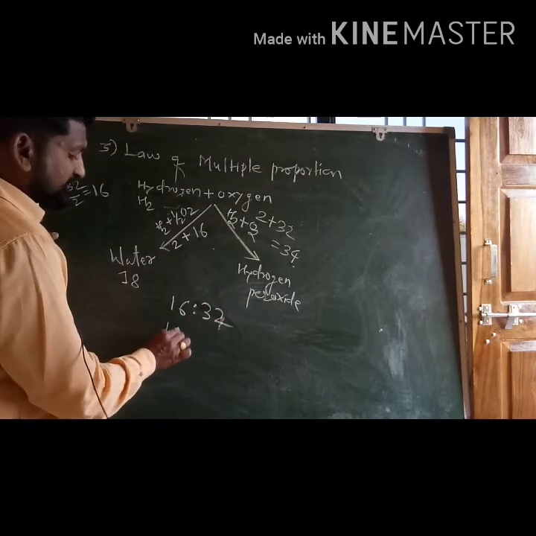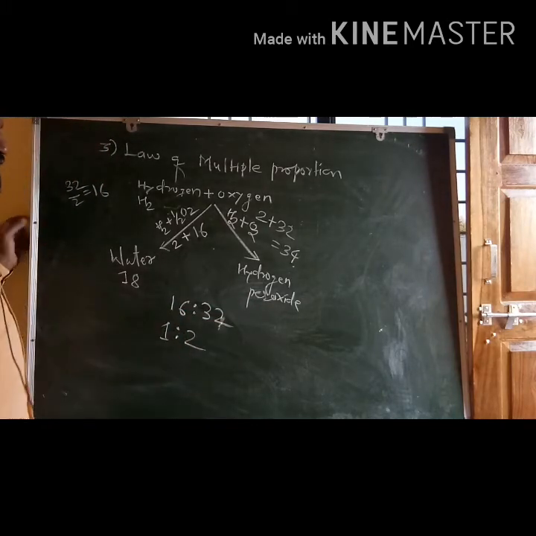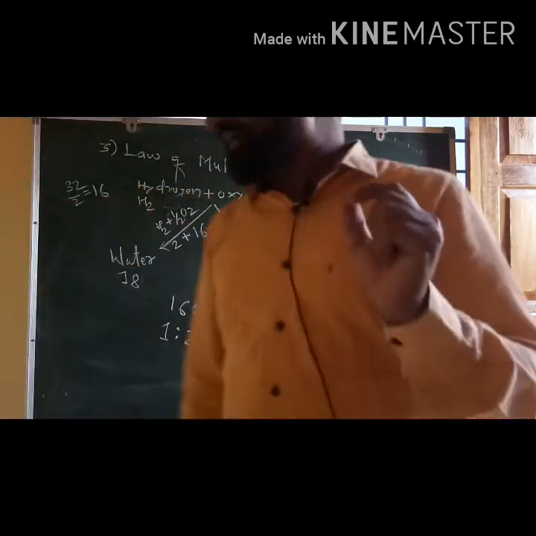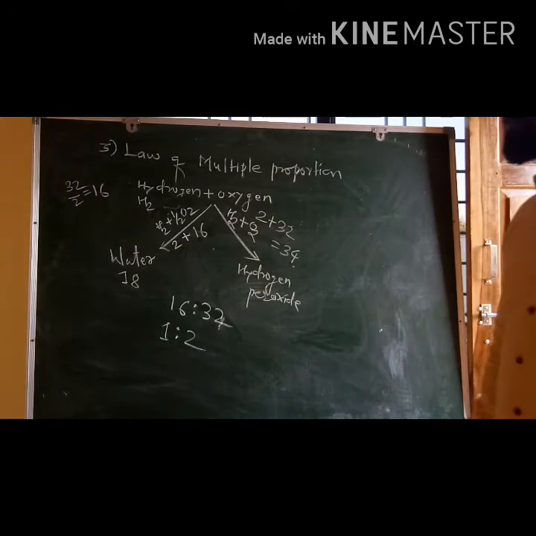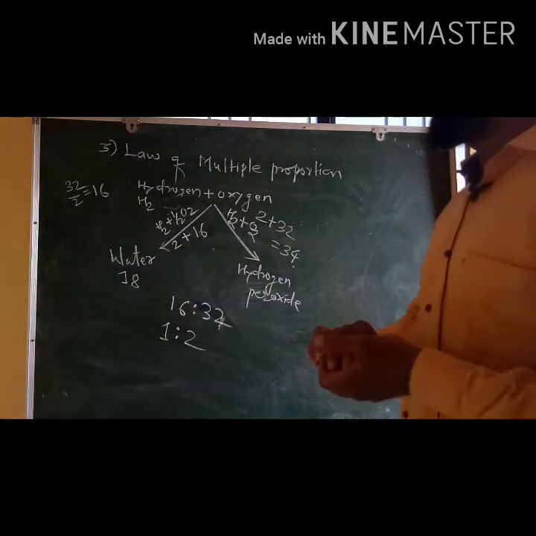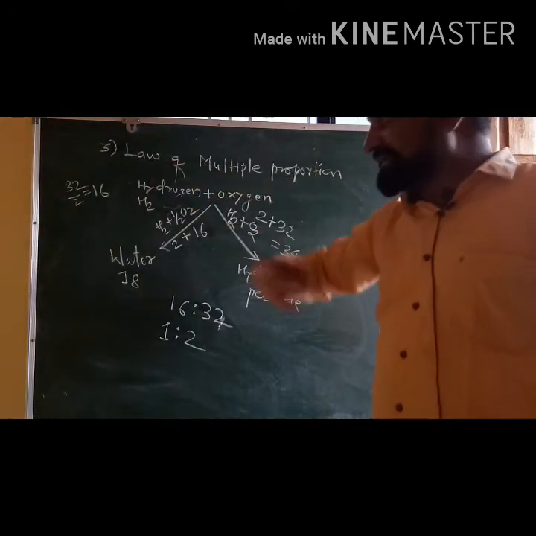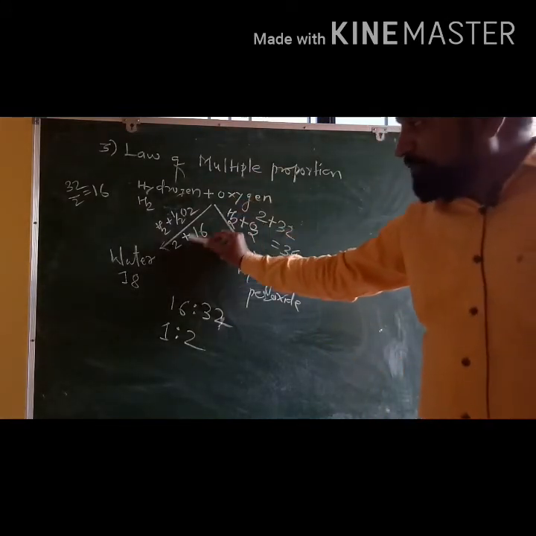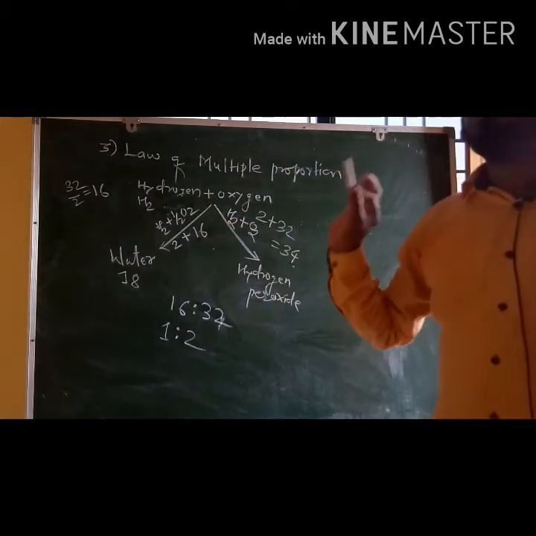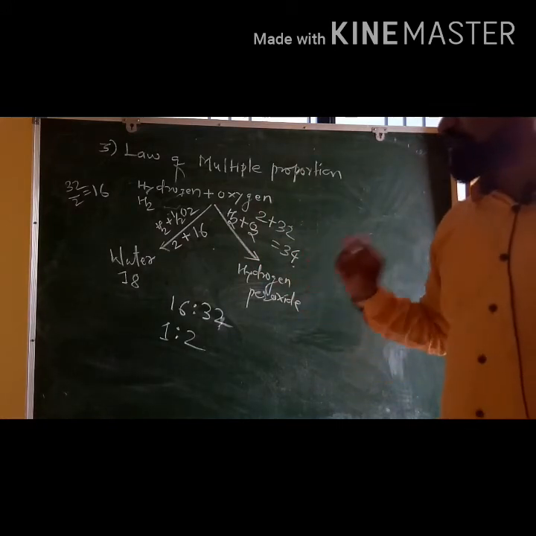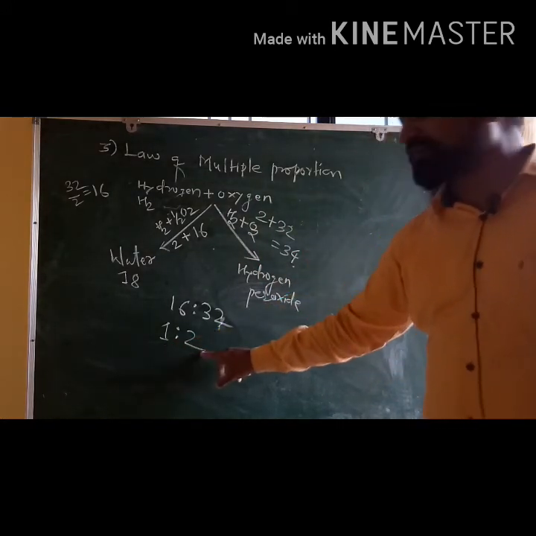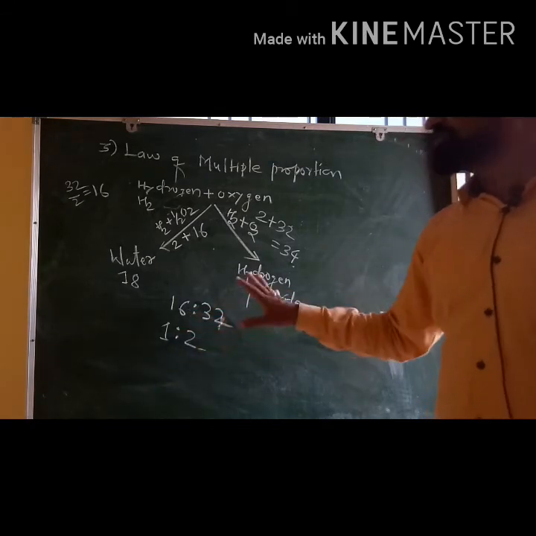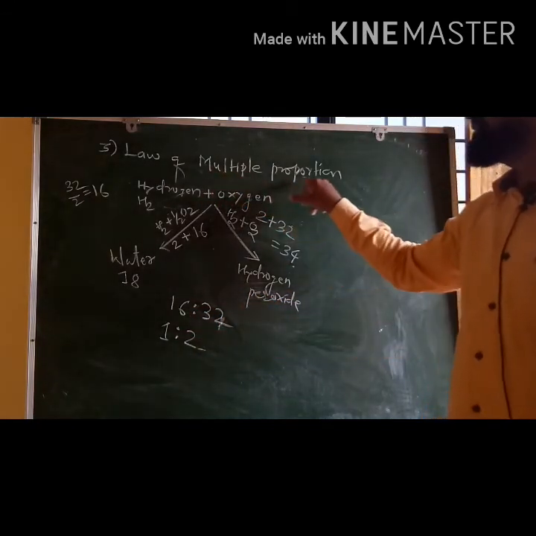16:32, that is 1:2. Okay, that's why I would say when two elements, A and B, combine together and form more than one product, then whatever masses of element B combine with the masses of element A always form a small ratio of whole numbers. See, this is the small ratio, 1:2. So this is about the law of multiple proportion.